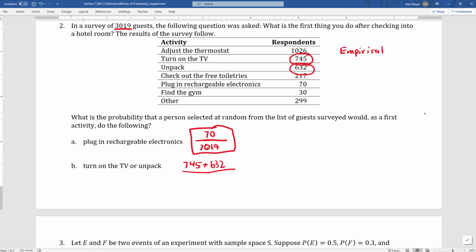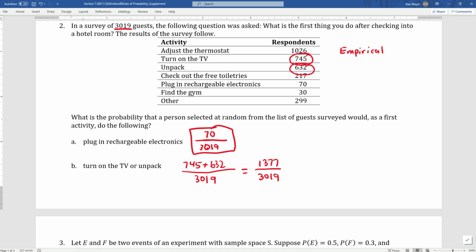The numerator is the frequency, and when I make it a ratio, it gives me the relative frequency. All right, 745 plus 632 gives me 1377 over 3019.